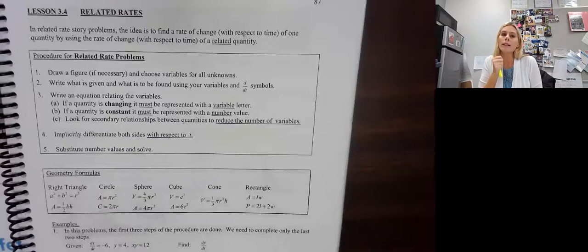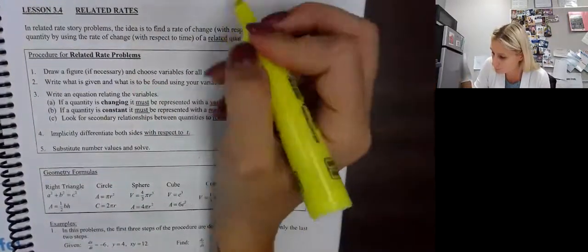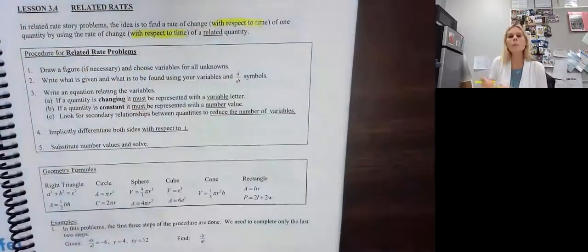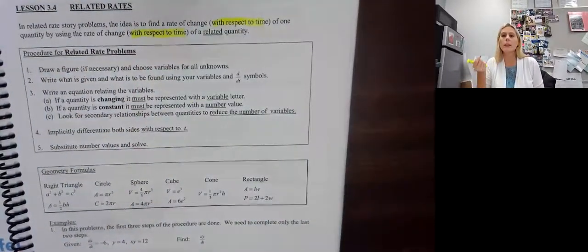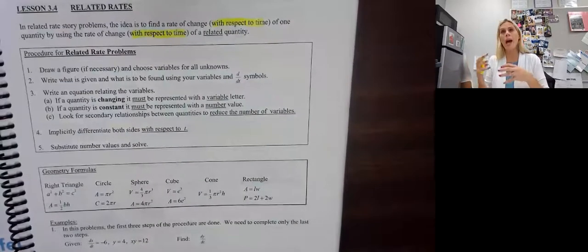In related rates story problems, the idea is to find a rate of change with respect to time. So this is very important, with respect to time, okay? Because remember before when we were finding derivatives, it was with respect to x. So what does that mean? Well, when we were doing respect to x, we didn't have to have a dx added on the end.